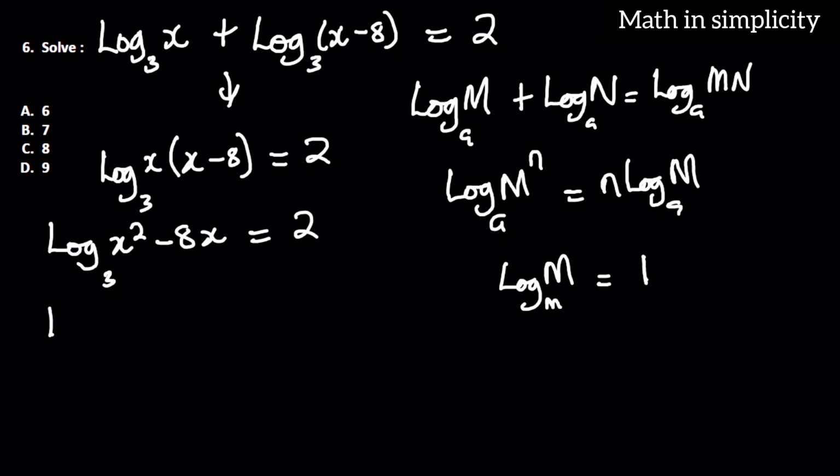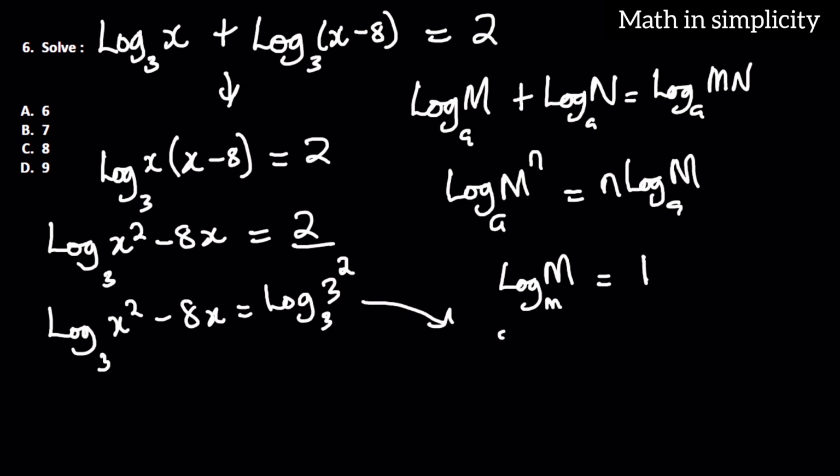First, let's rewrite what we have on the right hand side. We can replace 2 with 2 log 3 to the base 3, because log 3 to the base 3 is 1.